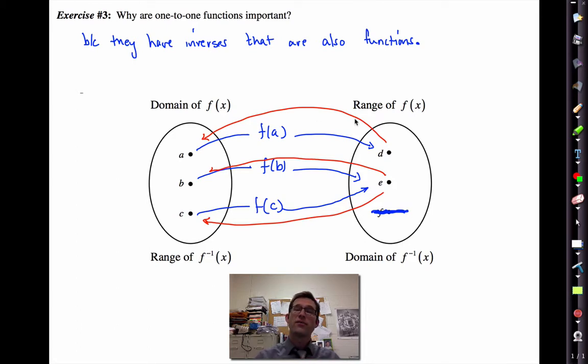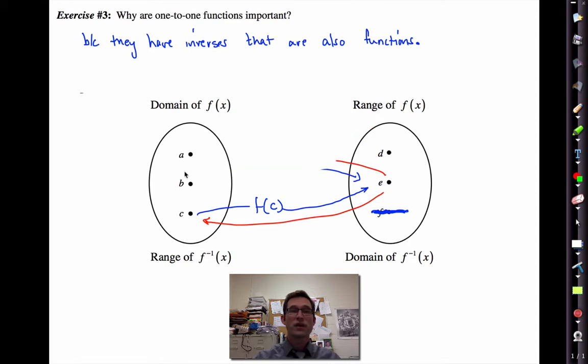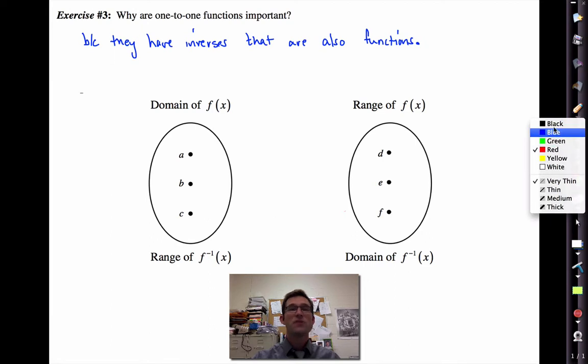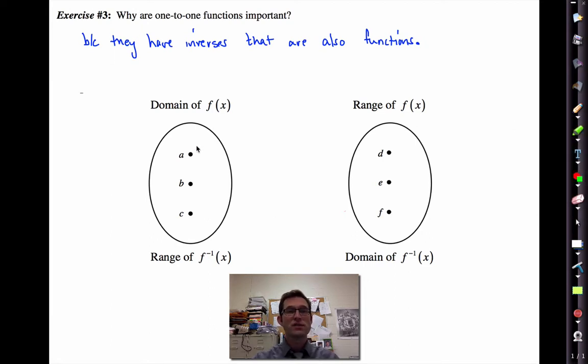So in order to have a one-to-one function, the x's and the y's, they kind of pair up, right? For every x, there's a unique y, and for every y, there's a unique x. So the idea of inverse functions is really simple. If A goes into F, and it gives you D out, then when D goes into what's called F inverse, it gives you A out, right?